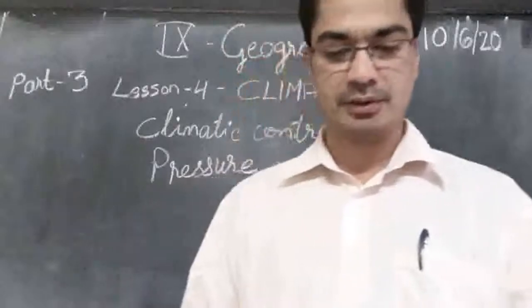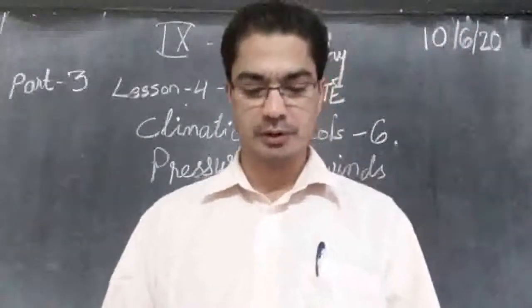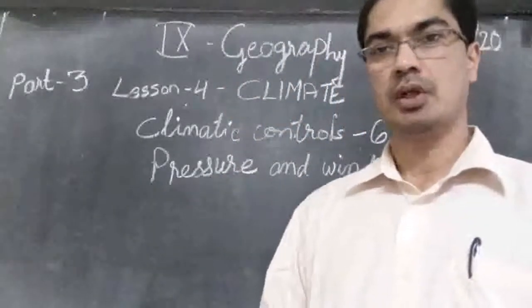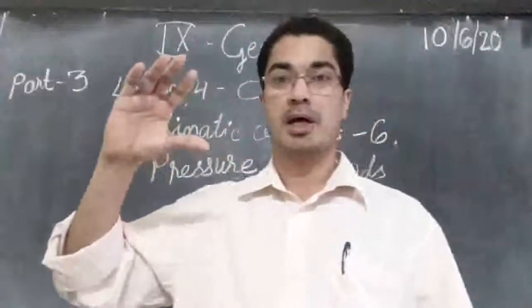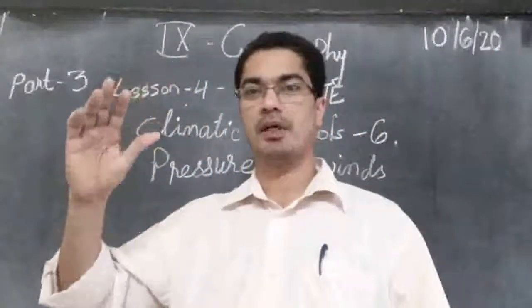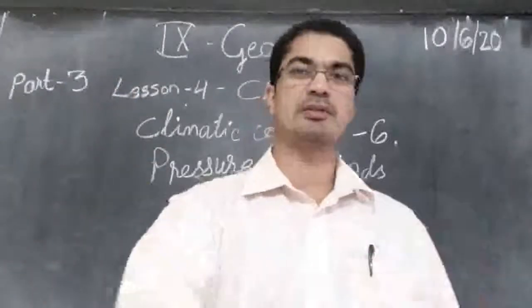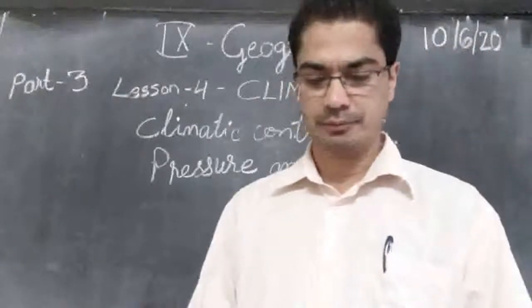From there, cold and dry winds blow from this region to the low pressure areas over the oceans of the south. So in the north, over the Himalayas, the high pressure forms, and from there a cold and dry wind starts blowing towards the south of India, towards the oceans.